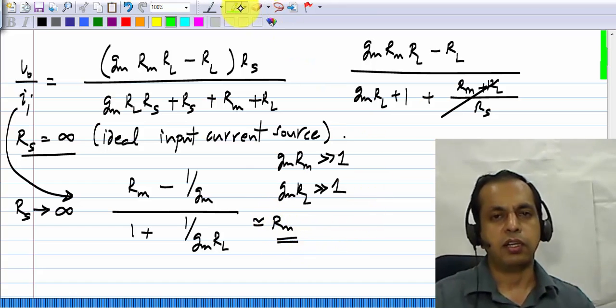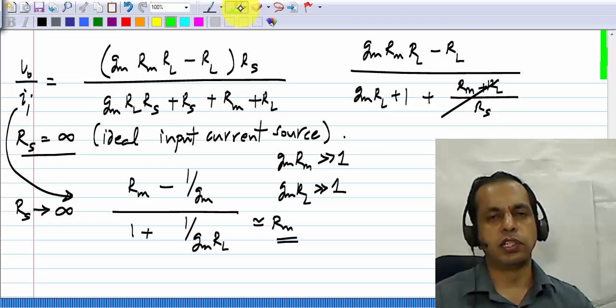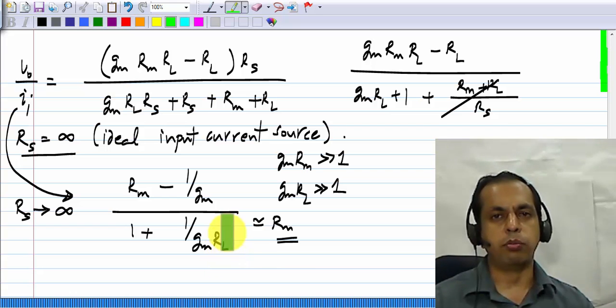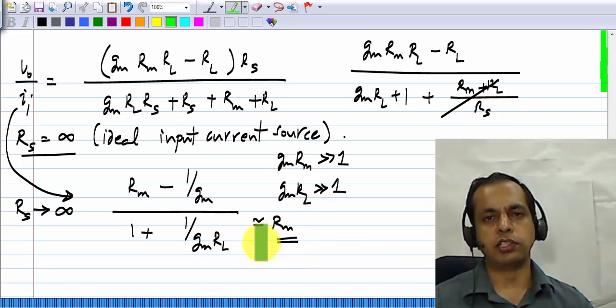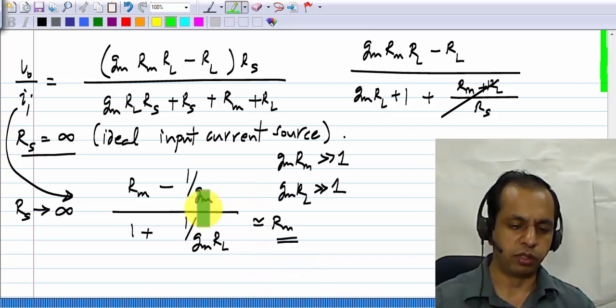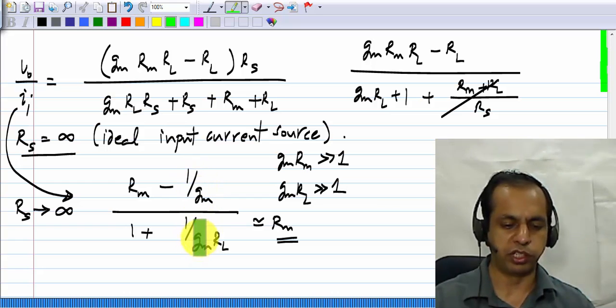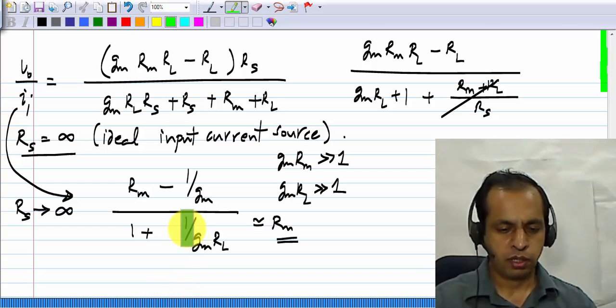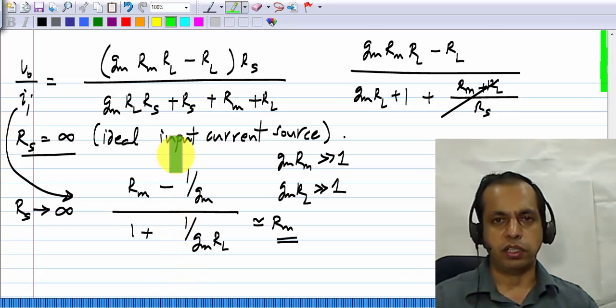So essentially, just like in all the other control sources in the negative feedback amplifier, the Gm of the transistor, the transconductance of the transistor, has to be very large. If it tends to infinity, we will get exactly the relationship that we want. For instance, here you can see that if Gm tends to infinity, you will get Rm exactly. That's what happens in every case.